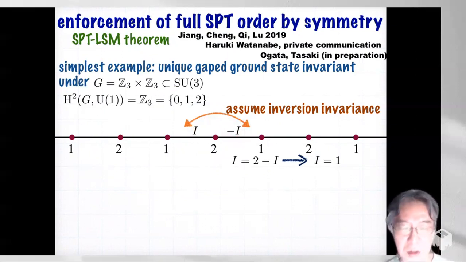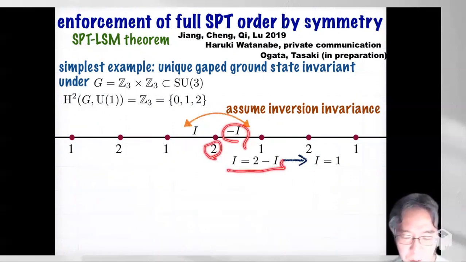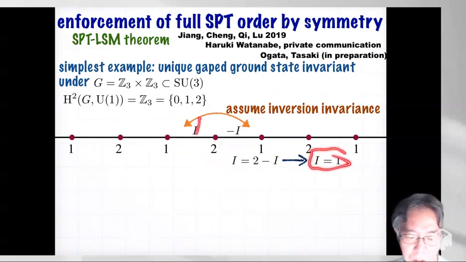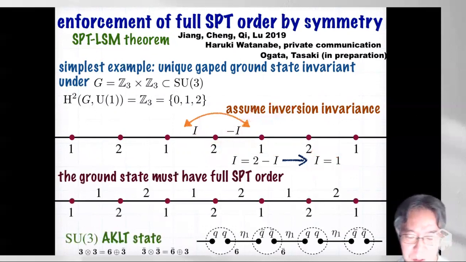But look, Ogata indices must satisfy additivity. So in this case, this I should be equal to 2 plus minus I. Well, this can be solved very easily. And you find that in this case, the Ogata index must be 1 here and -1 here. -1 is the same as 2.